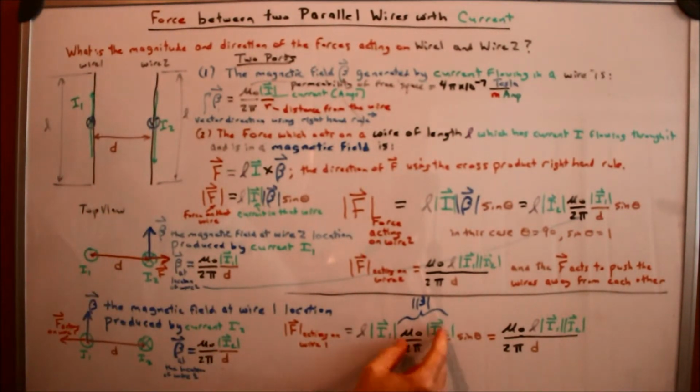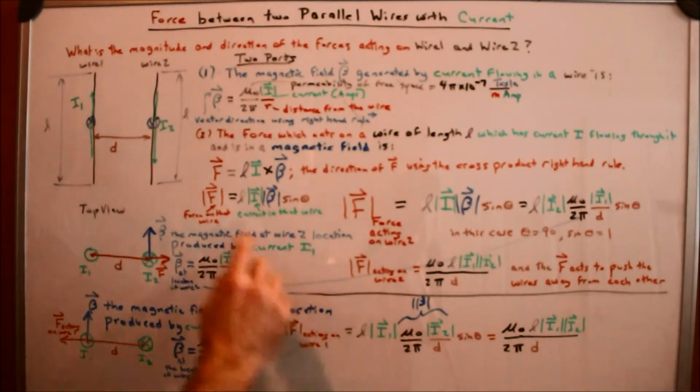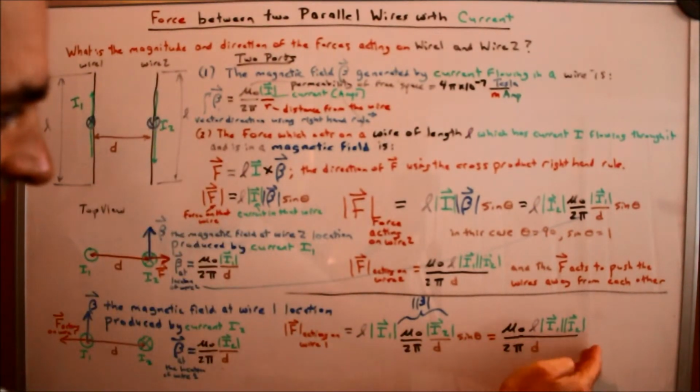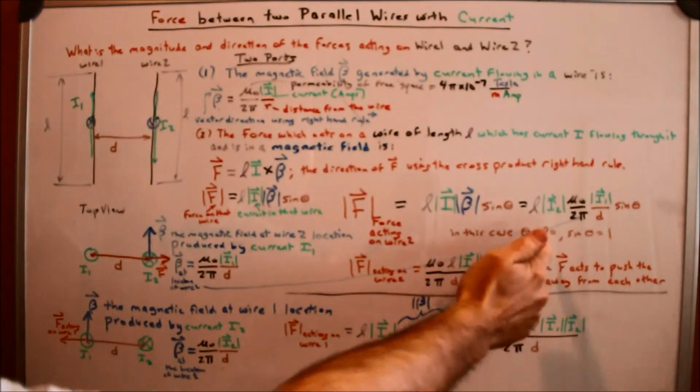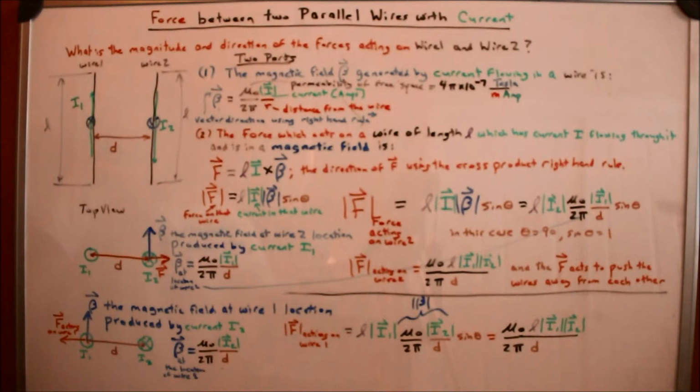You can see the currents have flipped around, but there's still a product: this is the current flowing through wire 1, this is the magnetic field caused by the current flowing in wire 2, and then the distance between them and the length of the wire. We get the same magnitude as previously, because once again theta is 90 degrees.